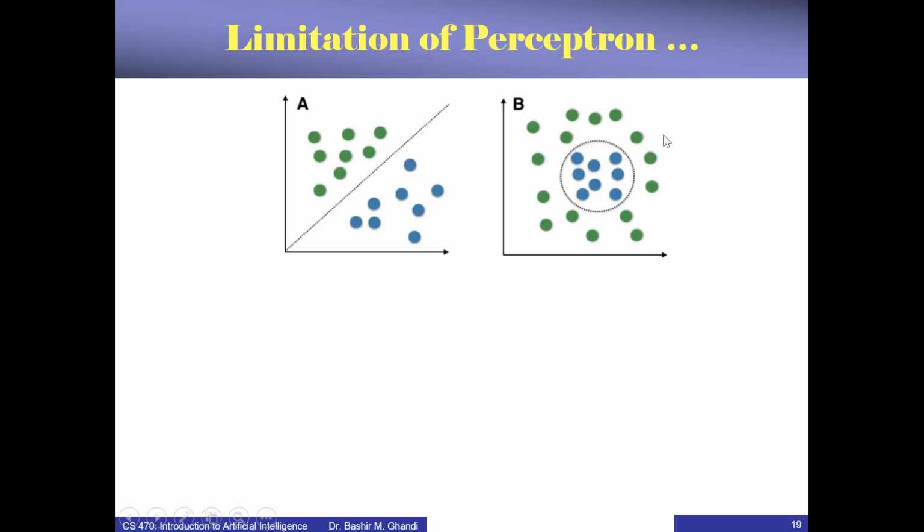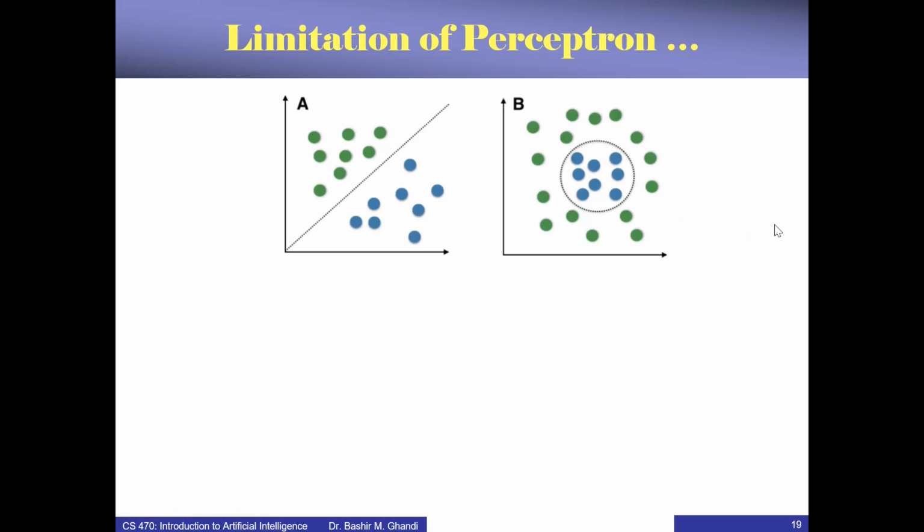What about here? Obviously there is no way to have a straight line that can classify this data. So Perceptron can be applied to the data in A to achieve the classification, but cannot be applied to the data that we have in B.